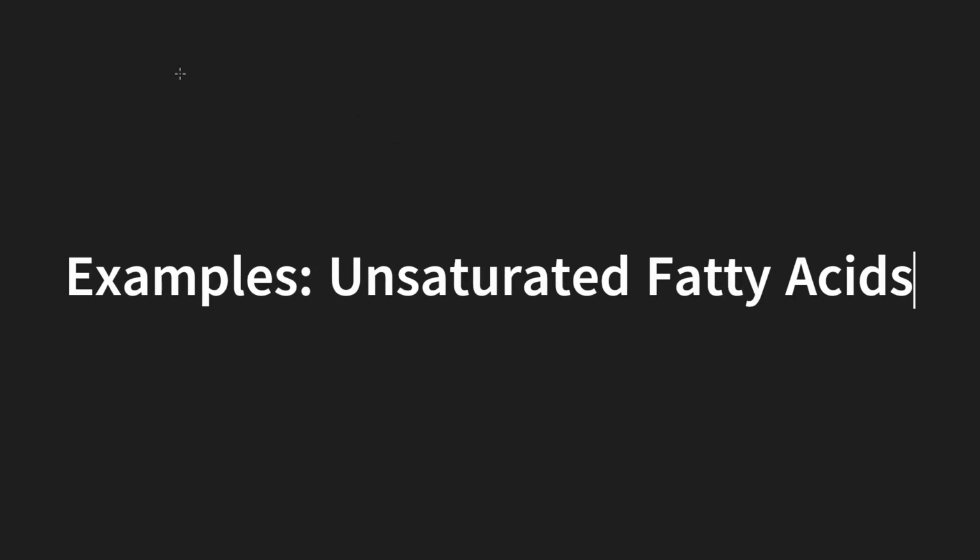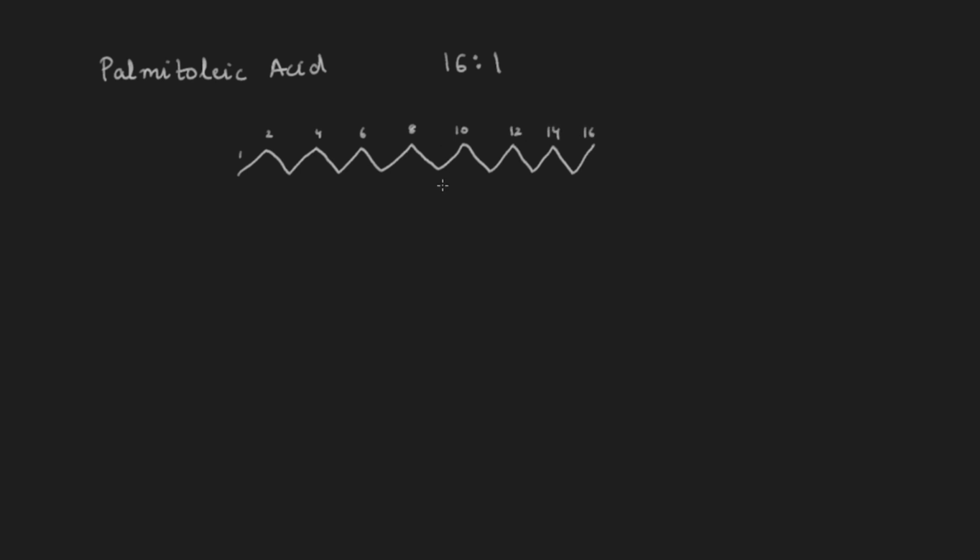Let's take up unsaturated fatty acids. First example is palmitoleic acid. Palmitoleic acid is derived from palmitic acid, therefore it is going to have 16 carbons. But it has one unsaturation. So at carbon number 9 and carbon number 10, there's an unsaturation present.